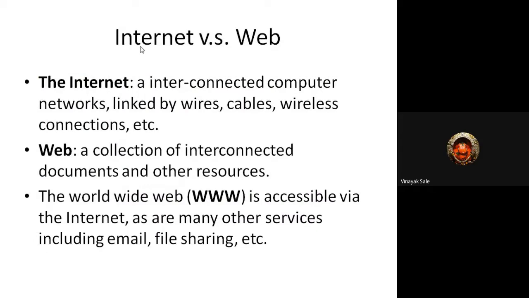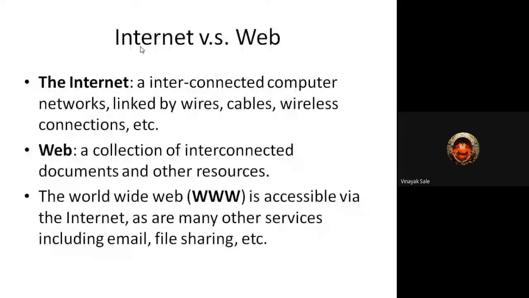Then what we have seen, what is internet versus web. So internet, that is an interconnected computer network, and web is a collection of interconnected documents and other resources.